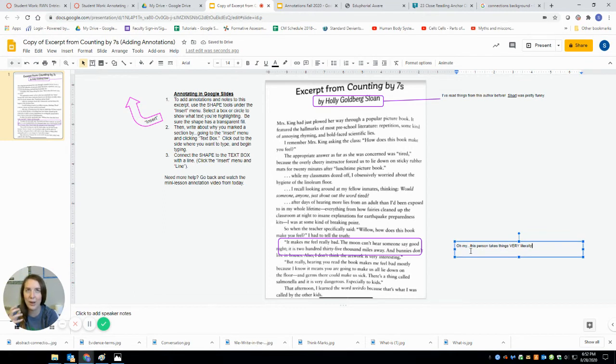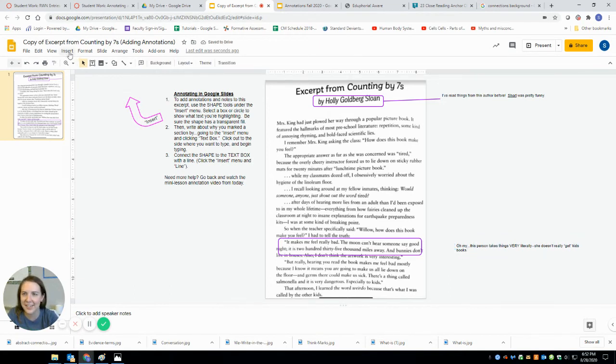She thinks that when you're reading the book Goodnight Moon, for example, which I don't know, maybe that's the book. Maybe you have a guess on what book this is. That could be an annotation. She takes things very literally. She doesn't really get kids. So I found that really interesting, something I noticed.